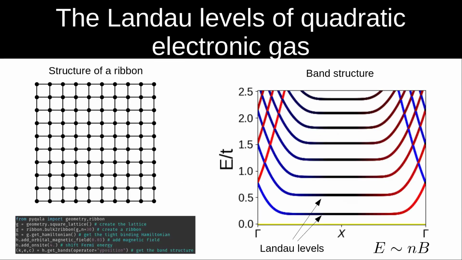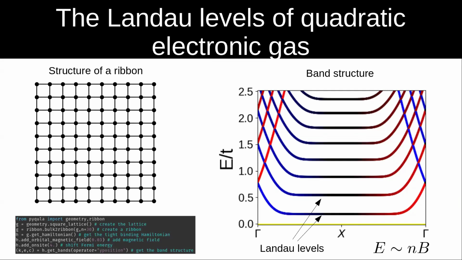And of course, this is something that one can do systematically with the library that we are using during the course. So you can, let's say, build your ribbon by yourself, as you see in this slide over here, with a certain width. So with 30 width shown here, you can add an orbital magnetic field.